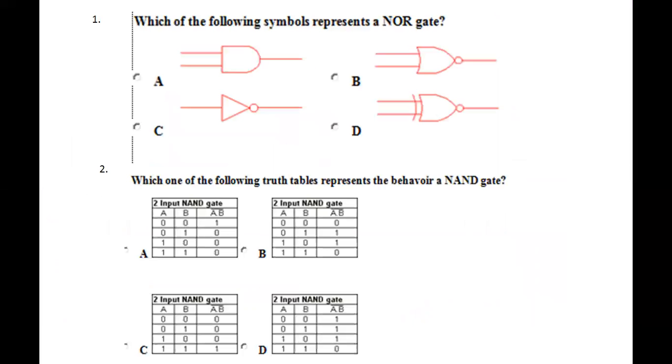And here a few MCQs are shown. It's your task to solve these MCQs, so pause the video on a slide and try to solve these. I'm going a little bit faster because it's your task to solve these MCQs.